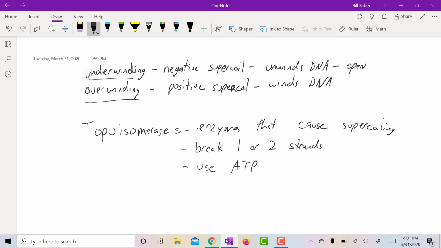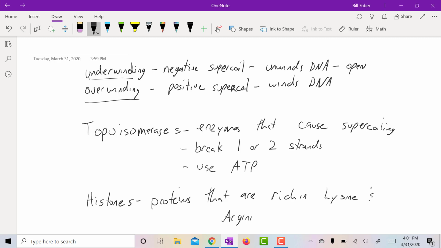And then you think, well, once you have all this supercoiled DNA, we have what are called histones. And these are proteins that are rich in lysine and arginine, which you know what lysine is.